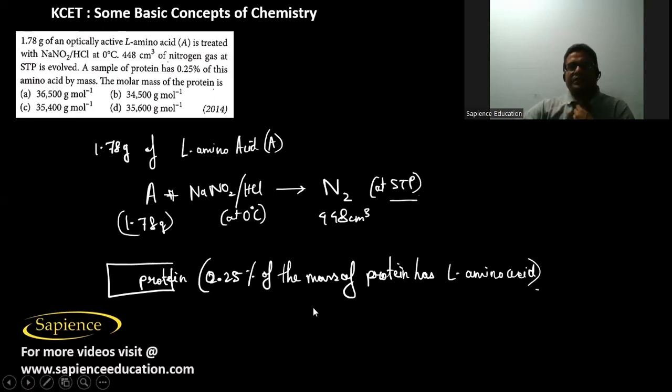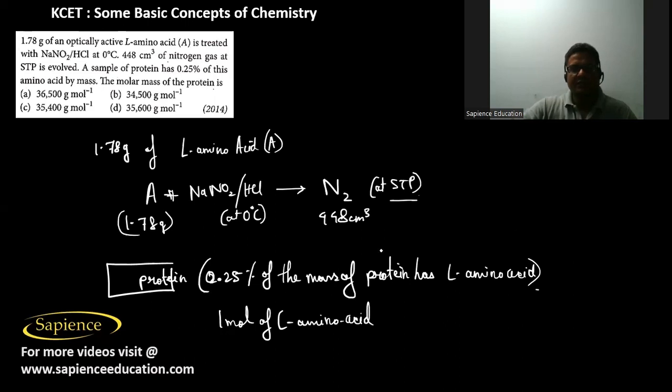Okay. So from here we can say that 1 mole of the L amino acid will react to give 1 mole of nitrogen gas at STP.